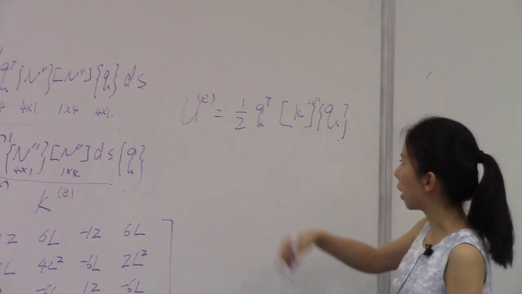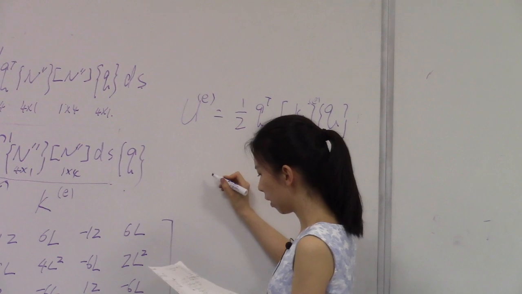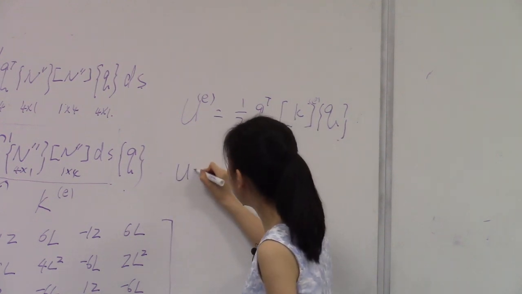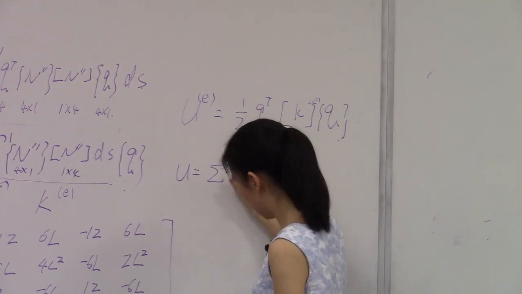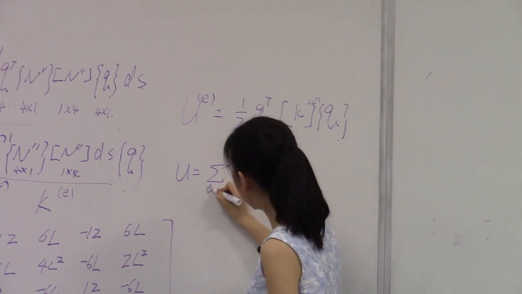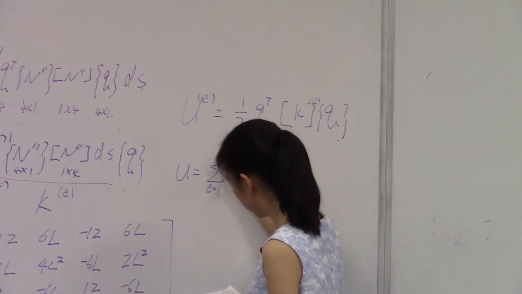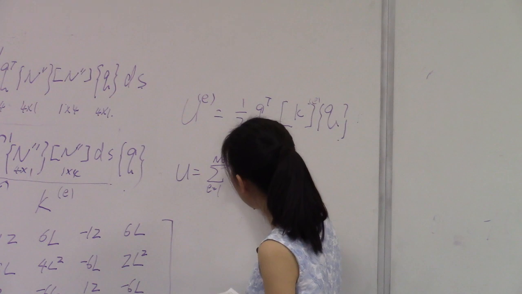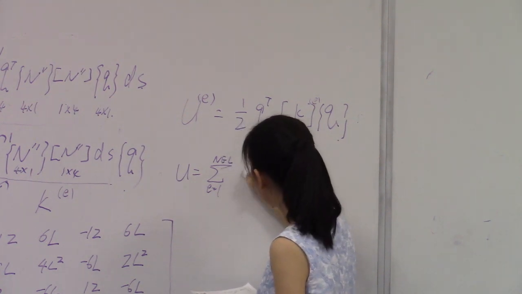And for a system, if you have multiple elements, you can write it as U equal to the sum from element 1 to the total number of elements.